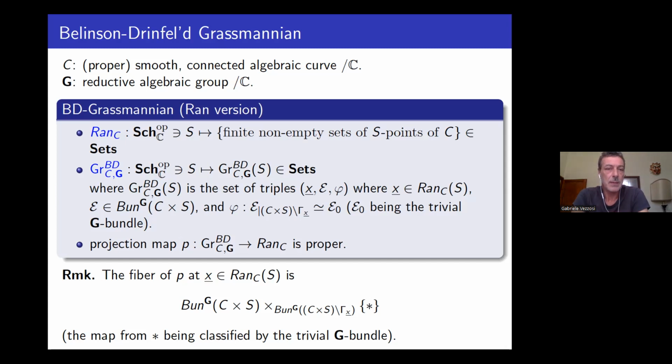This sends a test scheme S to the set of triples (x, E, φ) where x is an element in the Ran space Ran(C)(S), so it means that underline x is just a finite non-empty bunch of points in C. E is a G-bundle on the product C × S, and φ is a trivialization of E outside the graph, the joint graph of underline x. So there is an obvious projection map from the Grassmannian to the Ran space where you just forget E and φ.